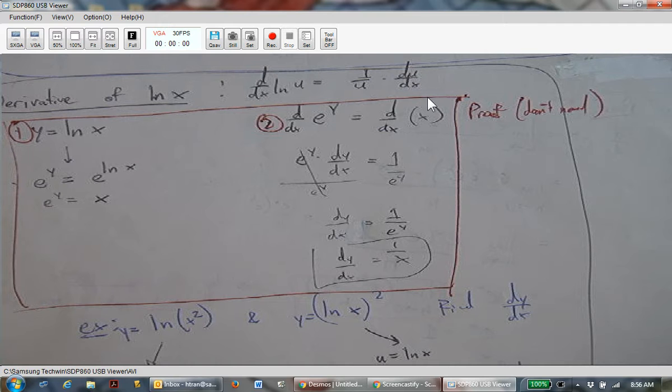Is u itself a differentiable guy? Can you take the derivative of u? Yes, it's the derivative of natural log. So now you do 2u times the derivative of the inside guy.